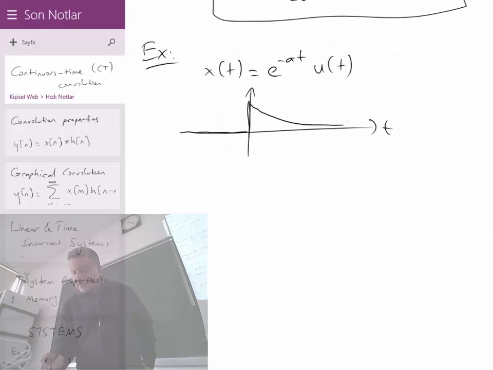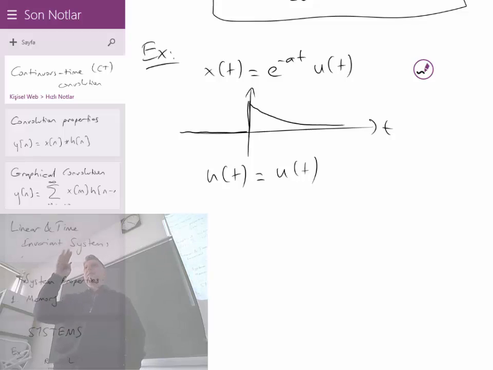And let's have the impulse response h of t. These two must be given to you. You must have the input and you must have the impulse response. Only u of t. Do you remember a similar question from yesterday? Yesterday we solved the same question in discrete time. It was a decaying exponential in discrete time, and the impulse response was the unit step, or vice versa.